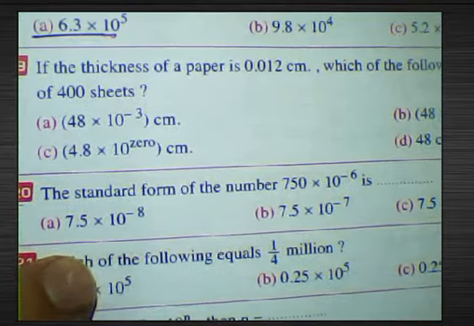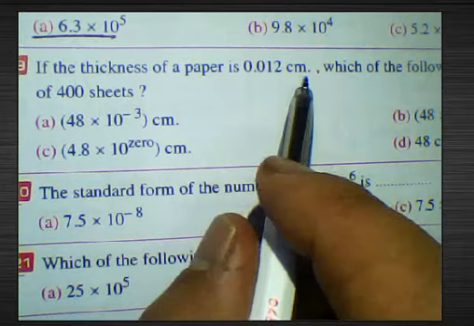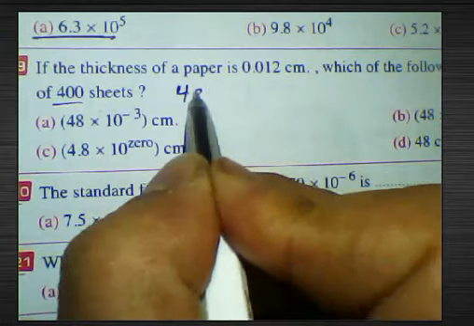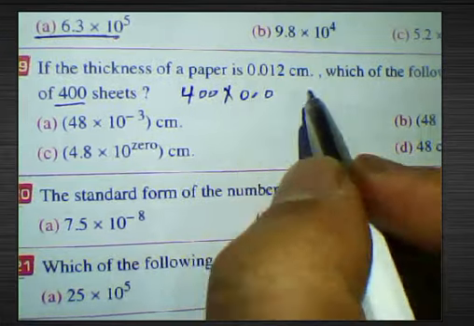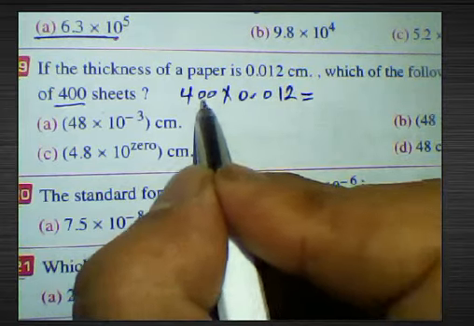Okay, if the thickness of a paper is 0.012 centimeter, which of the following is the height of a ream of 400 sheets? 400 multiplied by 0.012. We can find the result by moving the point here.